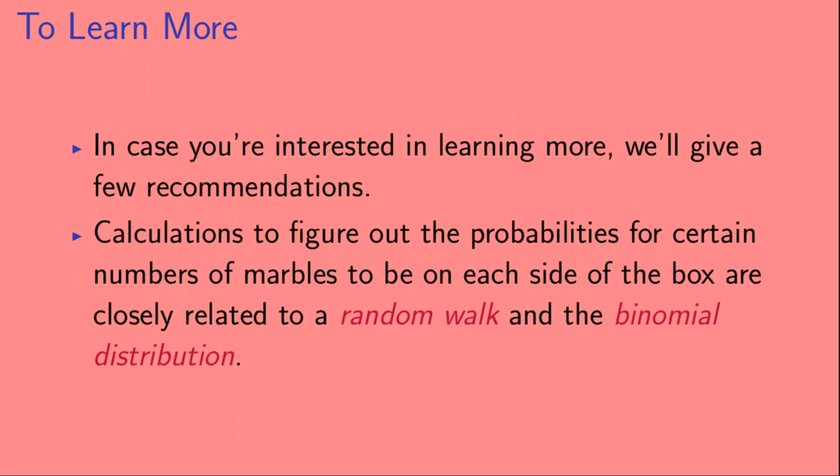Okay, so lastly, in case you're interested in learning more, we'll give a few recommendations. Calculations to figure out the probabilities for certain numbers of marbles to be on each side of the box are closely related to a random walk and the binomial distribution.